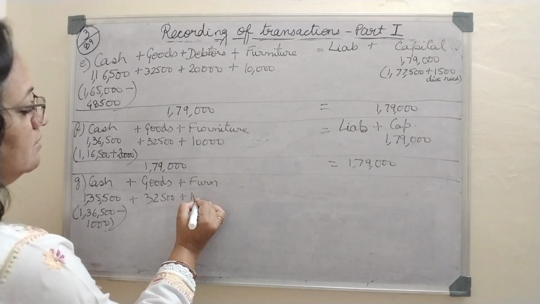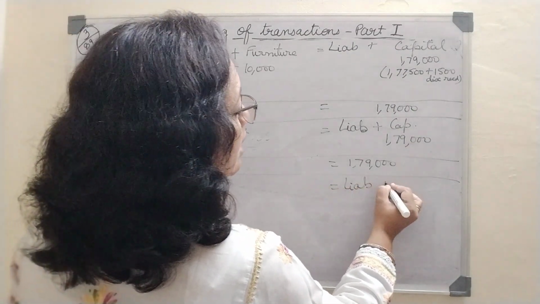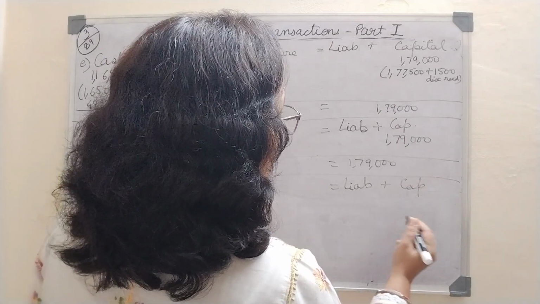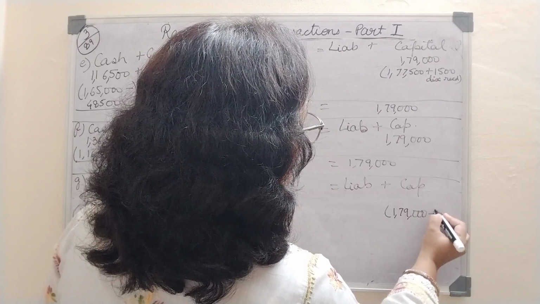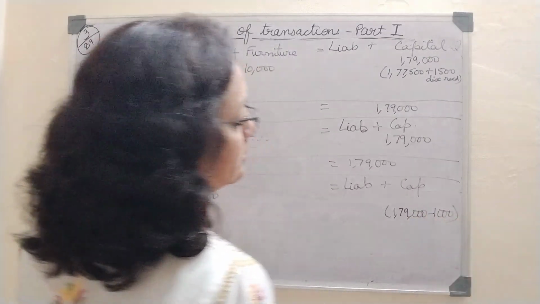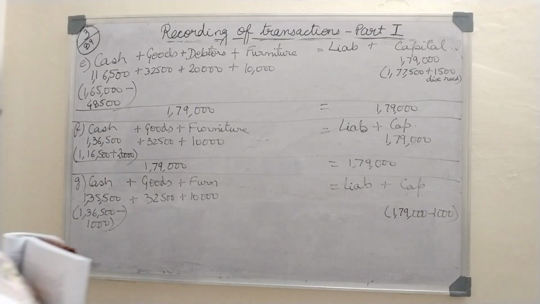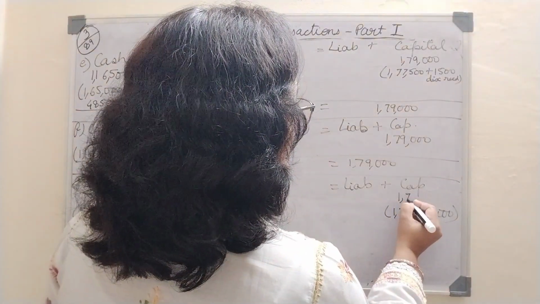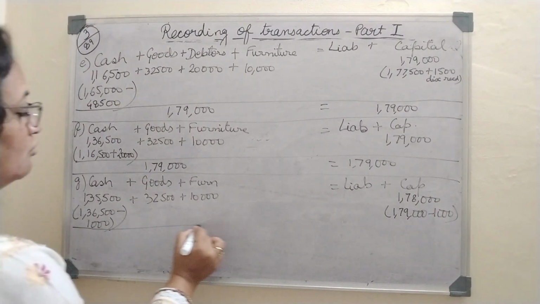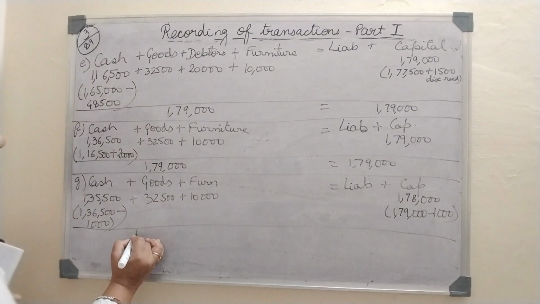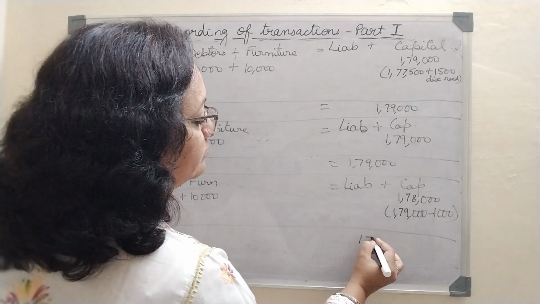Furniture remains the same. And from capital we will subtract 1,000. Right? So it comes to 178,000. So now the total of both the sides will be 178,000.